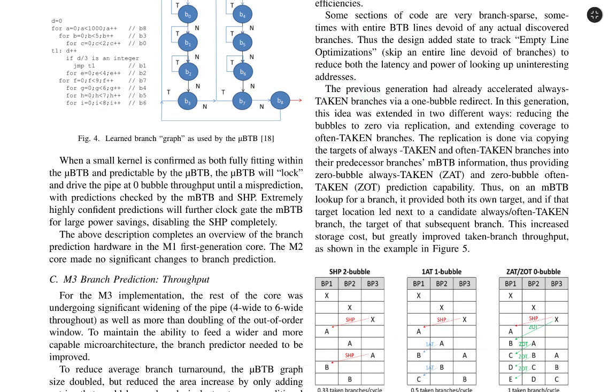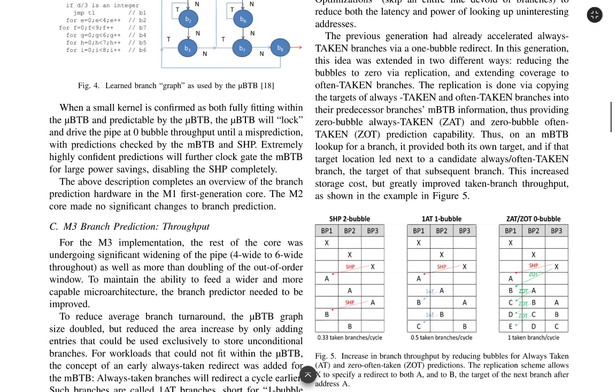The previous generation had already accelerated always-taken branches via a one-bubble redirect. In this generation, this idea was extended in a different way, reducing the bubble to zero via replication and expanding the coverage to often-taken branches. The replication is done by copying the targets of the taken branches into their predecessor branches' MBTB information, thus providing zero-bubble always-taken (ZAT) and zero-bubble often-taken (ZOT) prediction capability.